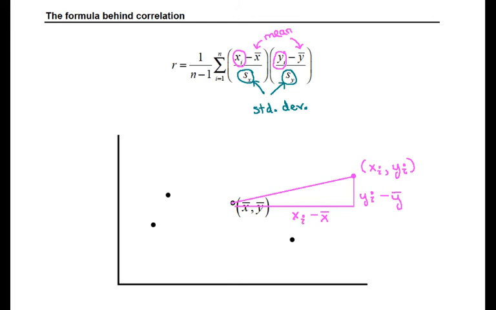Now if we look at this example, that x sub i minus x bar is positive, and that y sub i minus y bar is also positive. And so when I multiply these together, I get a positive contribution.